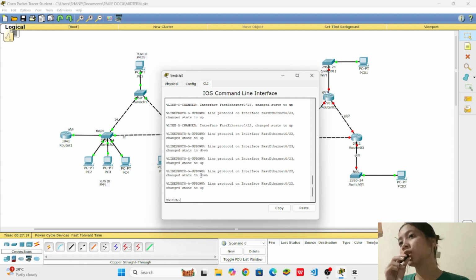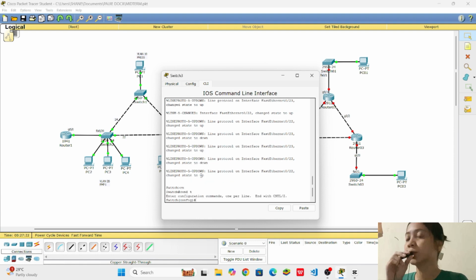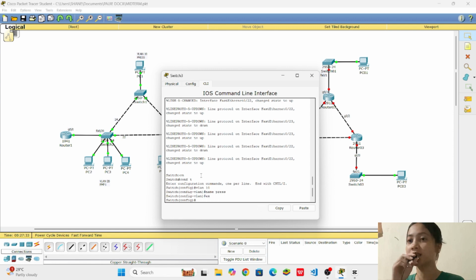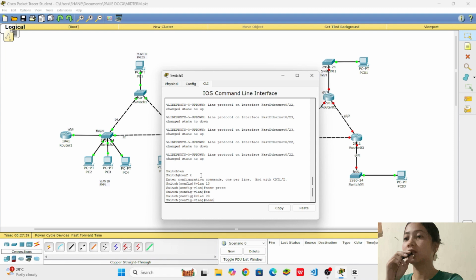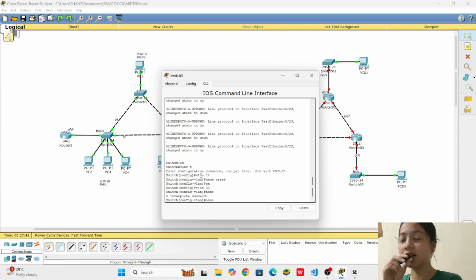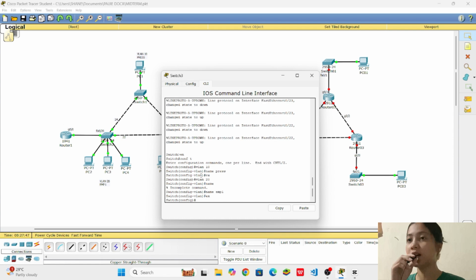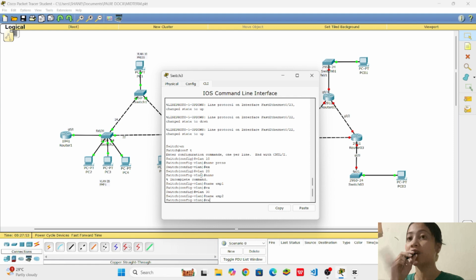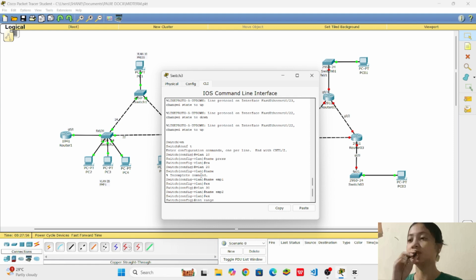Same logic for switch 1 and switch 2. Mag-create tayo ng VLANs and i-config natin yung PC natin sa switch natin para mag-connect sila, and magte-trunk tayo sa switches natin para mag-connect sila, and para mag-connect sila lahat from different VLANs is i-config natin yung router natin.